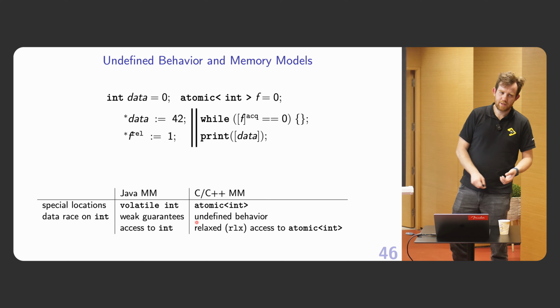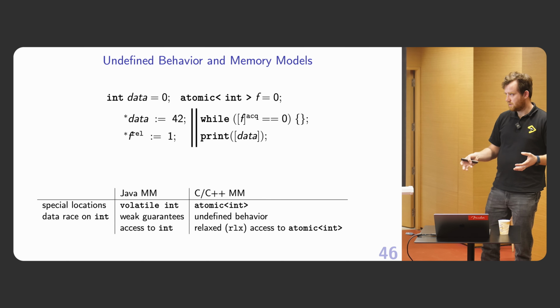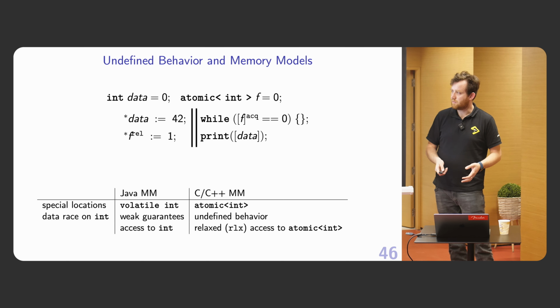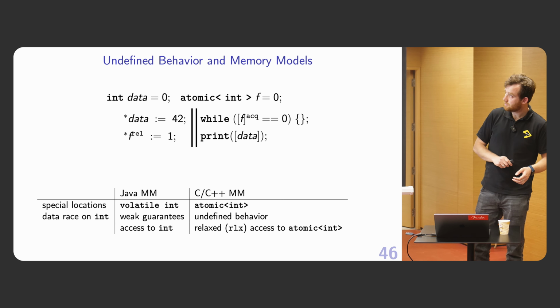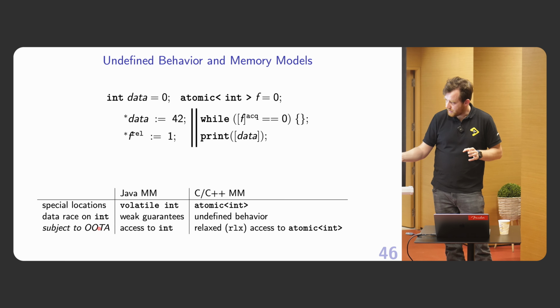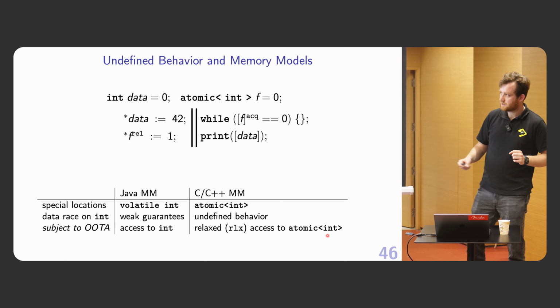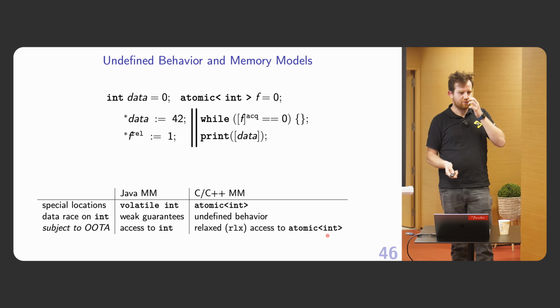These relaxed accesses are compiled to hardware without any fences, but the specification at least provides some guarantees about them. Actually, these accesses are what could lead to out of thin air, right? So this is what we will need to fix somehow if we would like to forbid out of thin air.